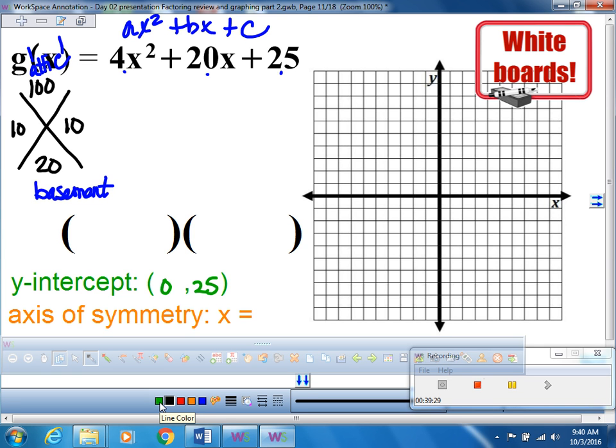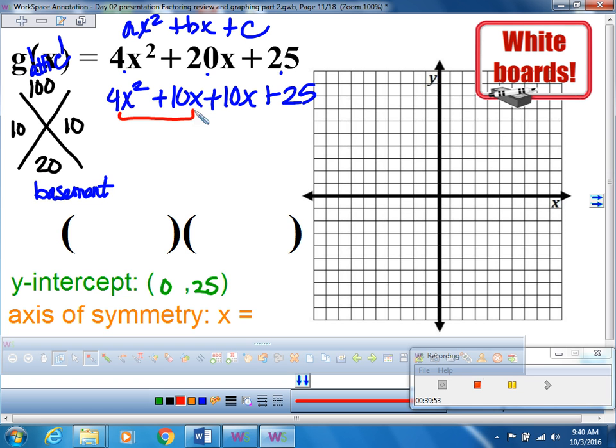So now I need everybody quiet. Okay, so what we're going to do is I'm going to take my 4x squared. I just split 20x into positive 10x and positive 10x plus 25. Now I'm going to start and factor this out. Is there a 4 in a 10?